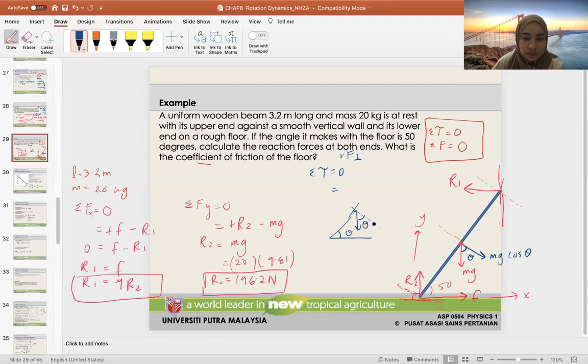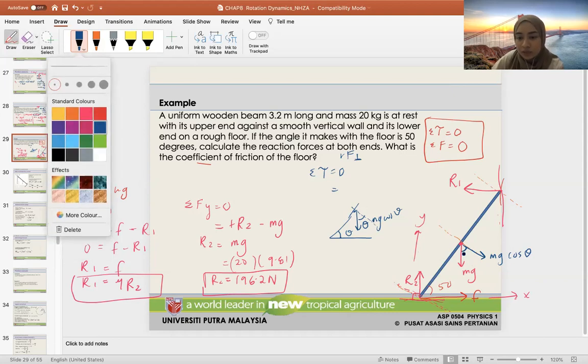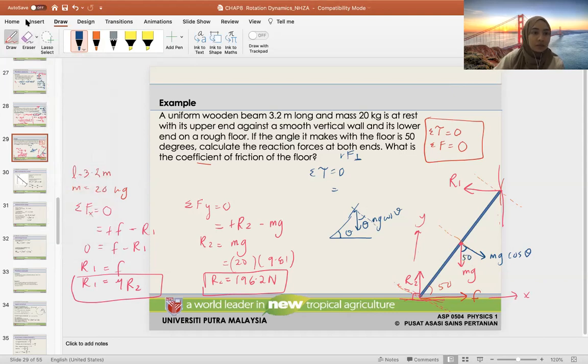So the theta was here, right? mg cosine theta. So it's the same, this is almost like an incline, even though it's a ladder. It looks like an incline, so this is 50, this is also 50. I'm just explaining in case you're wondering how I decided that that was theta. Okay, so next, moving on.